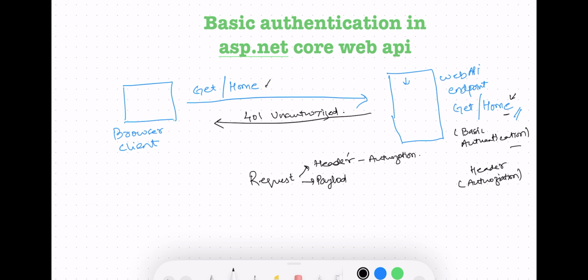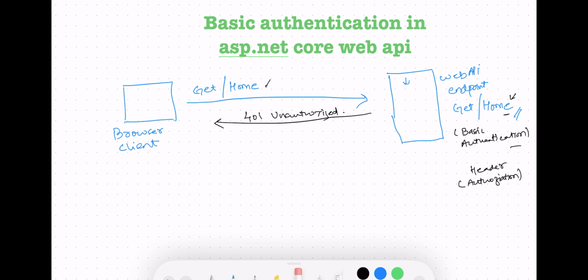So now the client is going to process this 401 unauthorized response, and it will say, okay, I need to pass in some username and password with my request in order for me to get some response back.